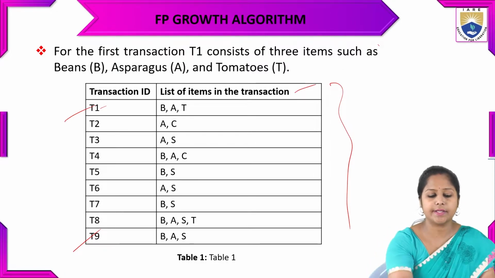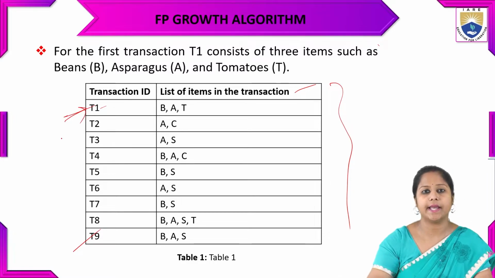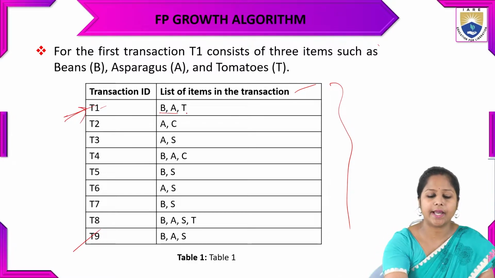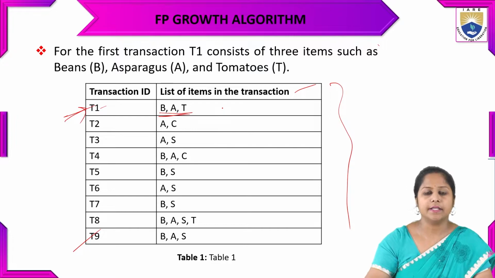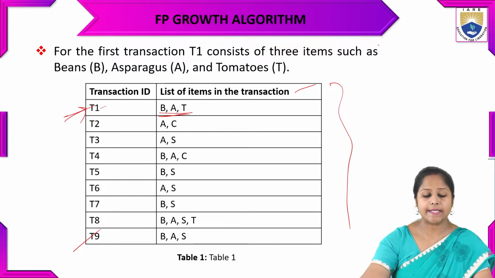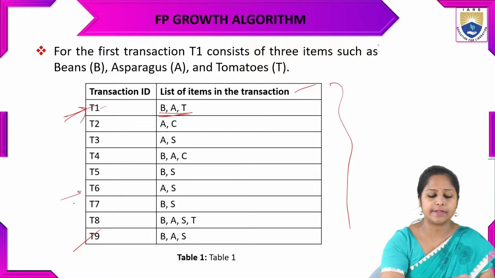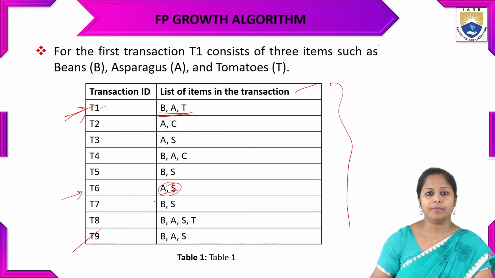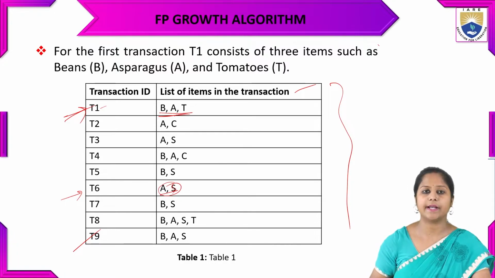In the first transaction T1, you will see the 3 items: B, A, and T. B is beans, A is asparagus, and T is tomato. If we check transaction T6, there is asparagus and squash. Like that, we have to understand each and every transaction.